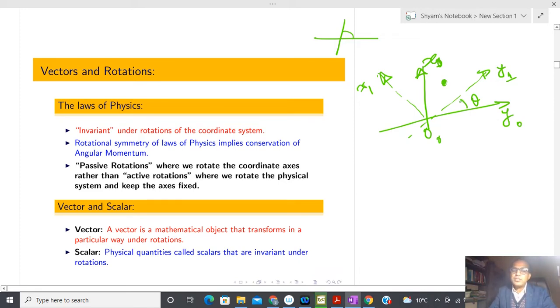analyzing the same kind of system in different coordinate frames, and in control systems or system theory, actually choosing a proper coordinate frame is a very active area of research. Okay, if you are able to propose some kind of coordinate frame which will simplify the system, then that becomes a new contribution.